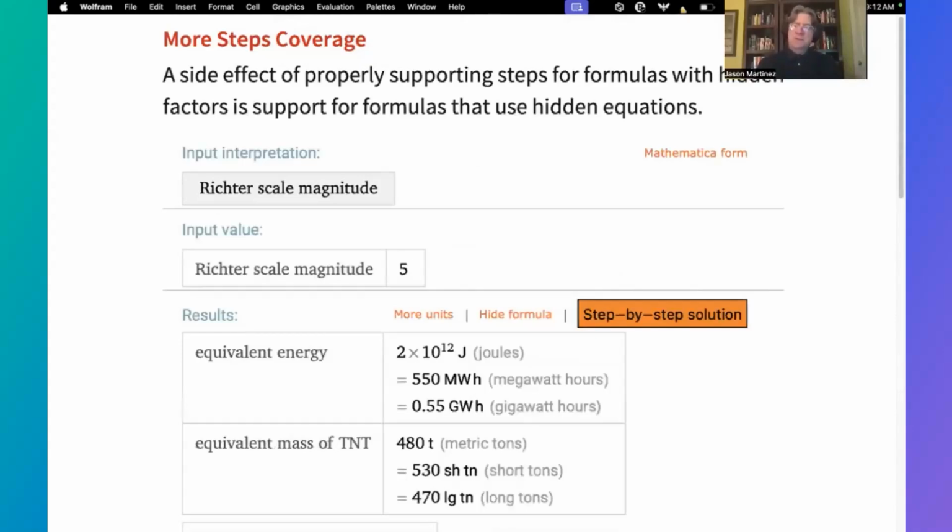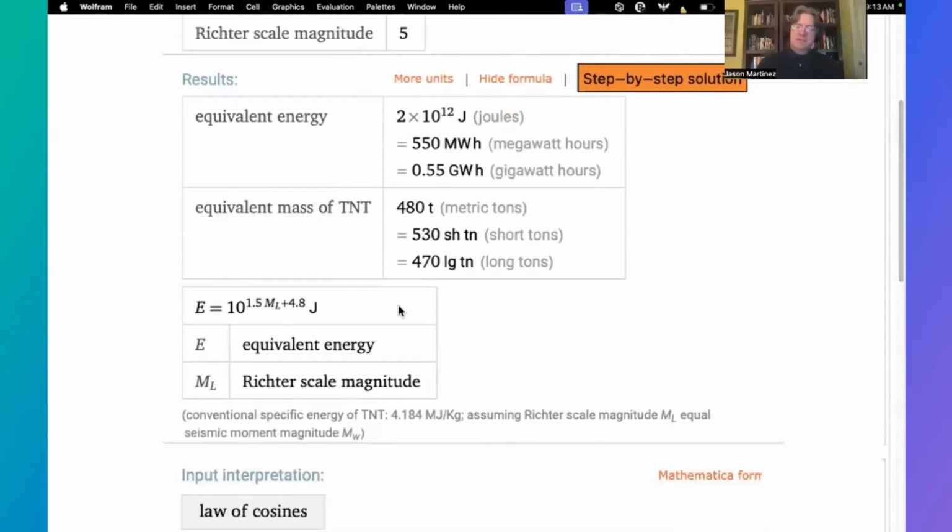A side effect of this is we're then able to better access formulas that have behind the scenes some extra equations in their calculations. So, for example, the Richter scale has a simple single equation case, very straightforward. Richter scale magnitude is dimensionless. There's no hidden factors or anything in there. But we also want to include the equivalent mass of TNT.